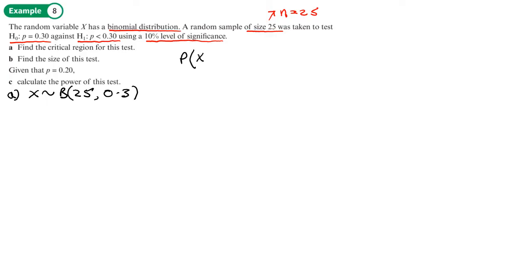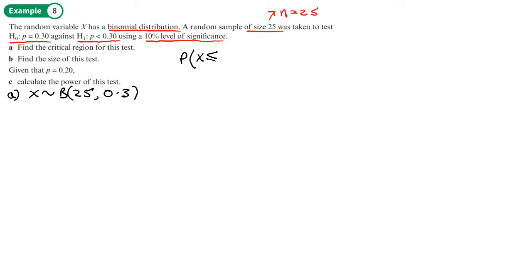So it's a lower tail test, since H1 is that the probability is less than 0.3. Now, in your formula book or in the textbook, on page 187, I want n is 25, 0.3, and if I go down, it's good practice to do the values either side of 10%.